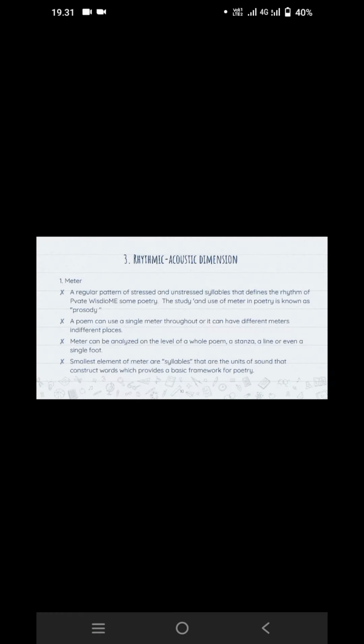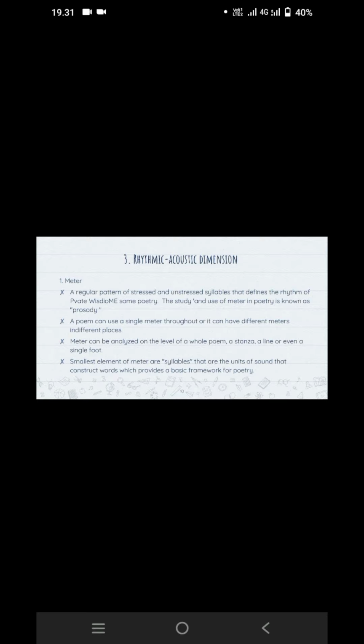So the first is meter. Meter is a regular pattern of stressed and unstressed syllables that defines the rhythm of poetry. A poem can use a single meter throughout, or it can have different meters in different places.